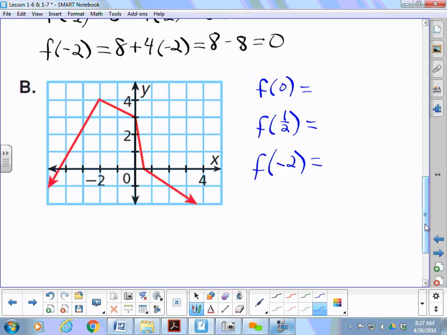So at 0, we go up to the line and we get positive 3. At 1 half, where x equals 1 half, y equals 0. Negative 2, go over negative 2, up to the graph, and the answer is 4. So here are your x values, find the y value.